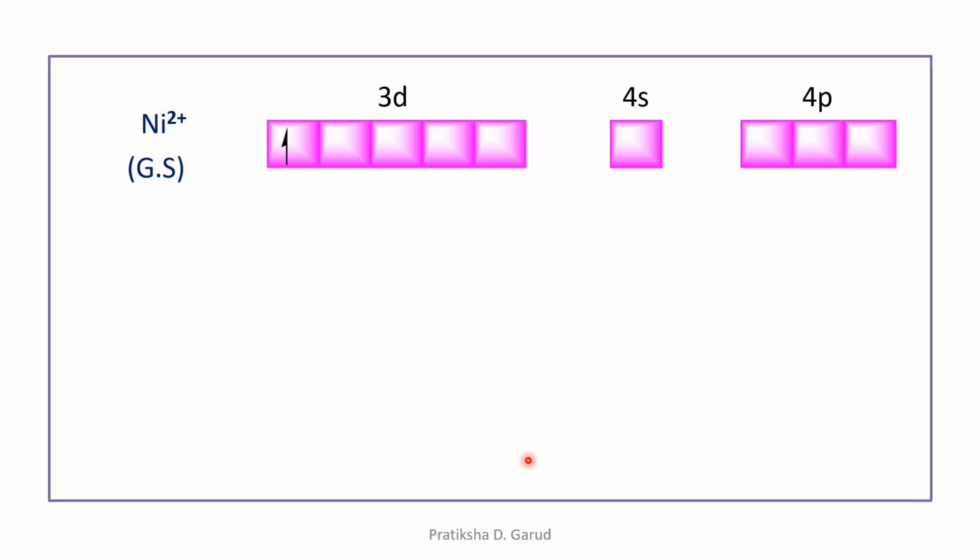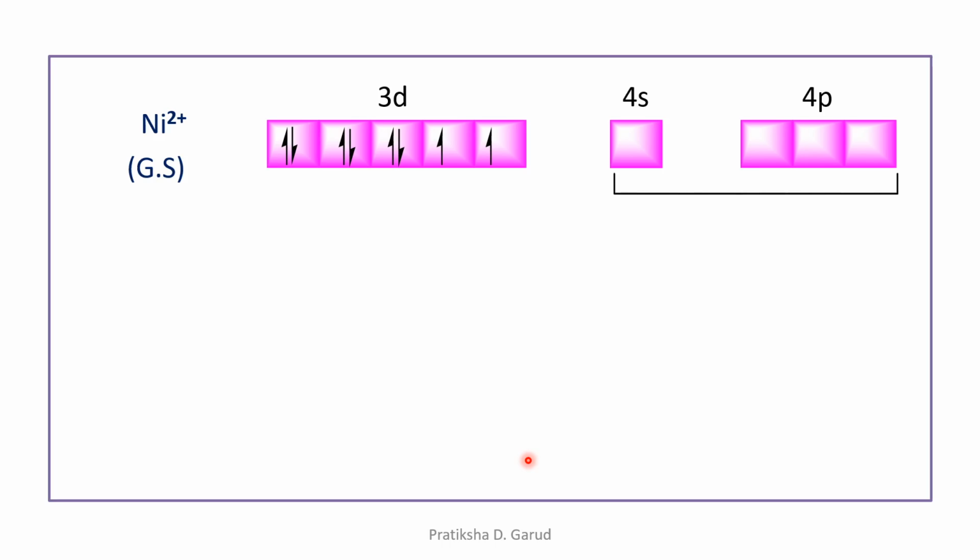The first five electrons are filled according to Hund's rule of maximum multiplicity, and then the next electrons are paired up in the first, then the second, and the third. So these are the 8 electrons in the 3d, 3d8 4s0.